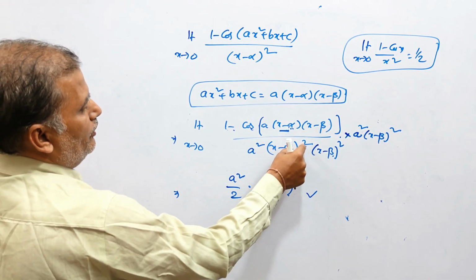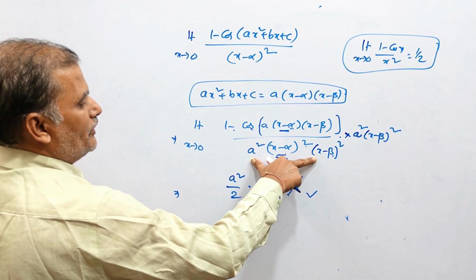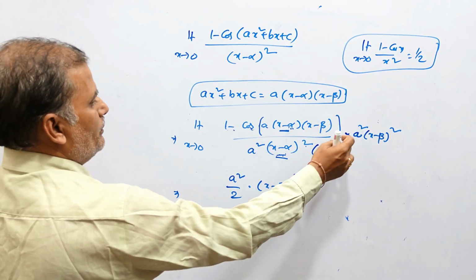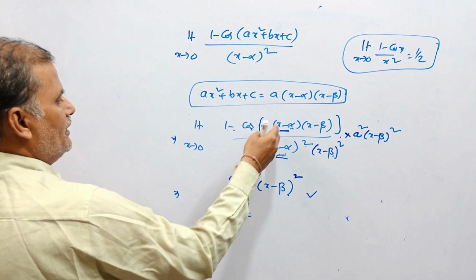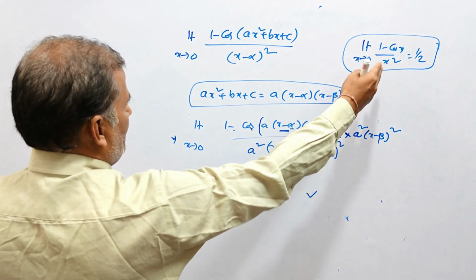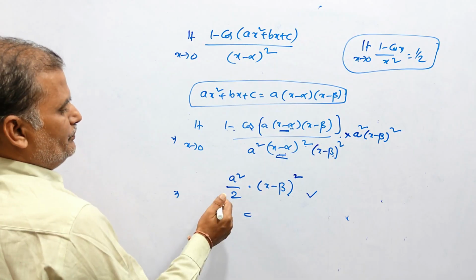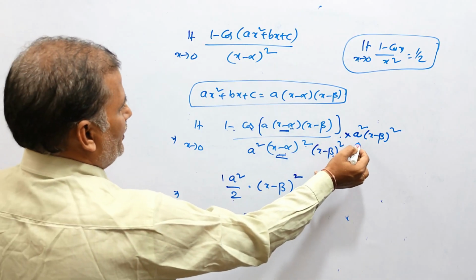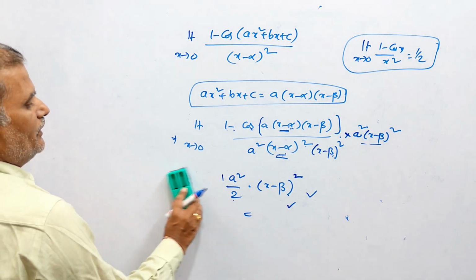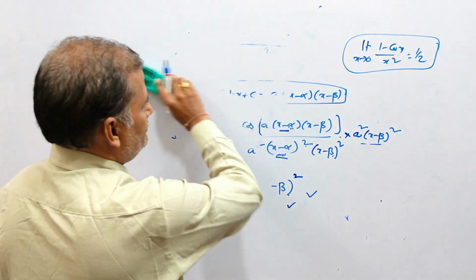Already (x minus alpha) whole square will be given, and we have to write the remaining 2 here, a square into (x minus beta) whole square. At the same time we multiply, both are cancelled, we get the original fraction. Then now we apply that 1 minus cos x by x square is equal to 1 by 2. Here 1 by 2 into a square into (alpha minus beta) whole square. This is also a very important notation.